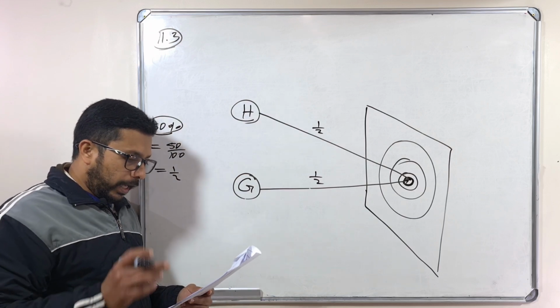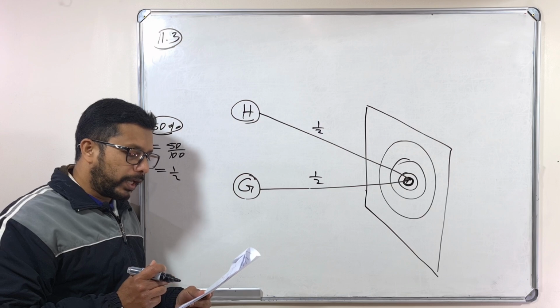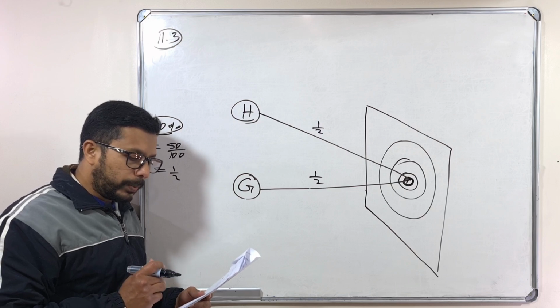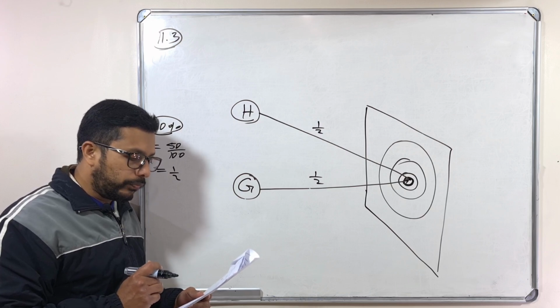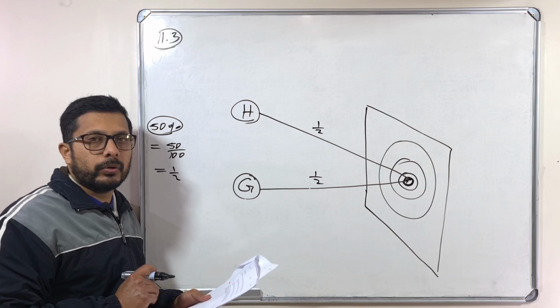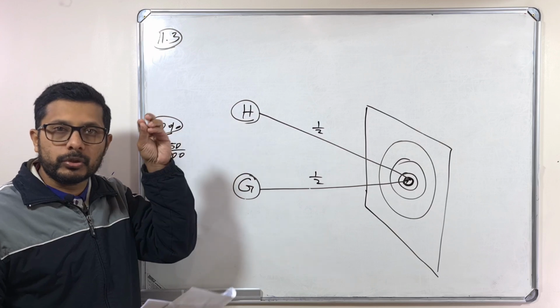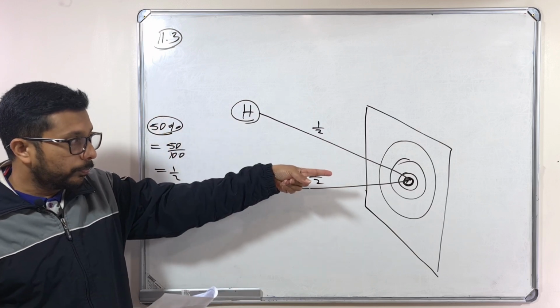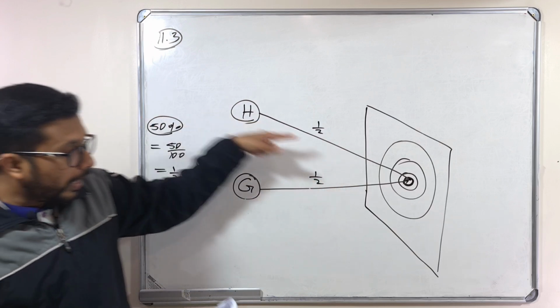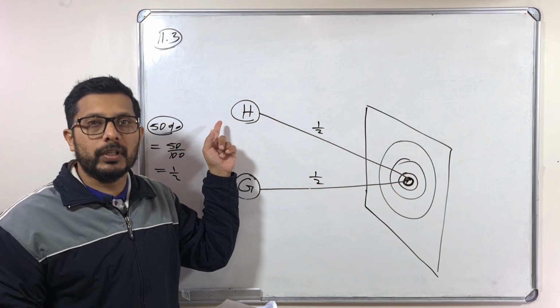What is the question? Harry and Glenda will take turns to shoot an arrow, and the first person to hit the bullseye will be the winner. So how is the game going on? Let's say Harry will shoot first. If Harry hits the bullseye the first time itself, then he will be the winner.